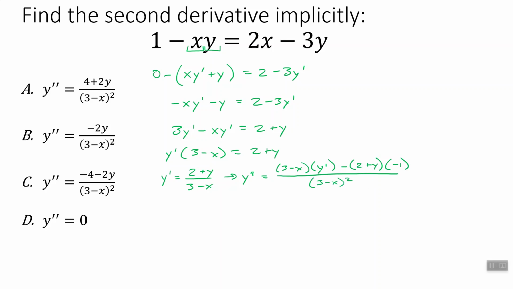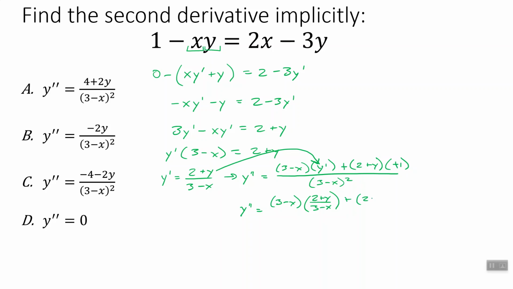All right. We do have a y prime here, so I'm going to take what y prime was equal to, and I'm going to plug it in for y prime right there. All right, so we're going to get y double prime is 3 minus x times 2 plus y over 3 minus x plus, let's see, these two negatives are going to cancel out, give us a plus.